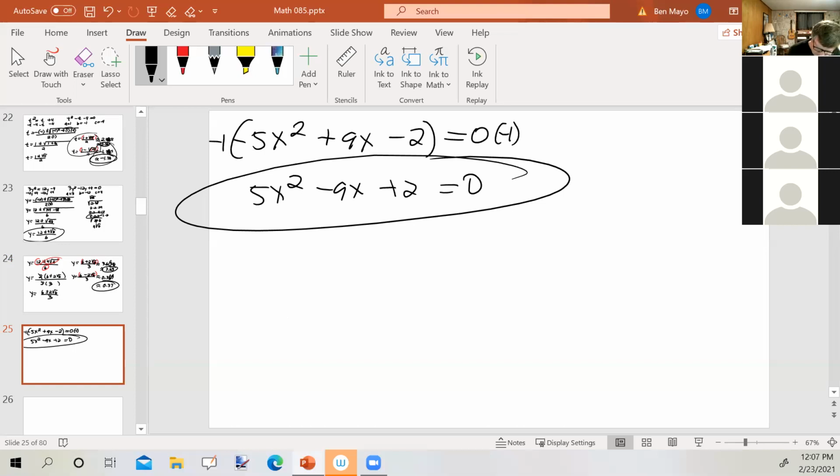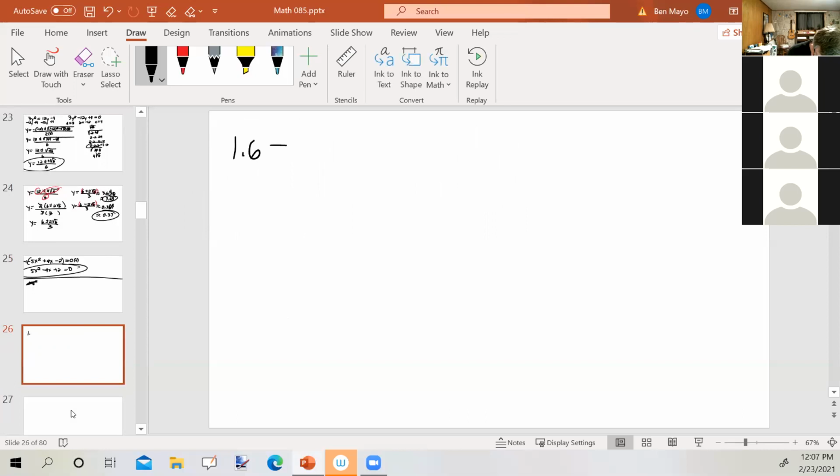Okay, another example. Let's say I've got 1.6 t squared plus 2.4 t minus 0.9 equals 0. Well, let's see. Each of these terms has one digit to the right of the decimal point.